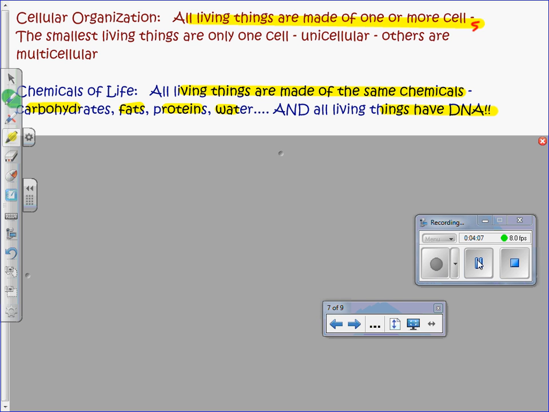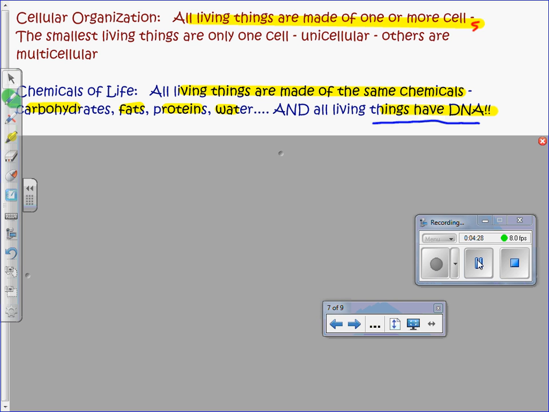So all living things have DNA. Every single living thing has DNA. That alone is a very unique thing. It's a complex molecule that has the directions for you being you. And those are the traits that are passed on from your parents to you.